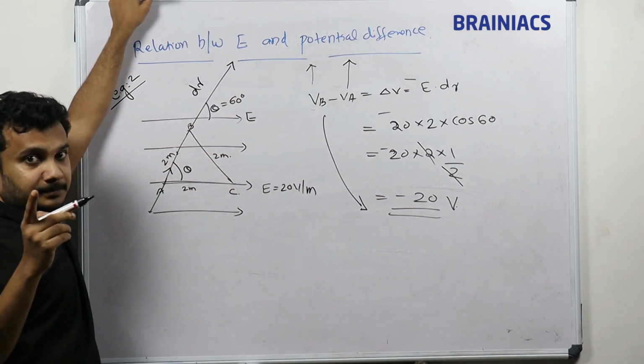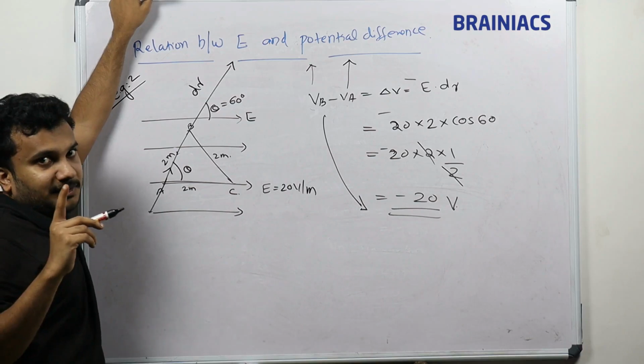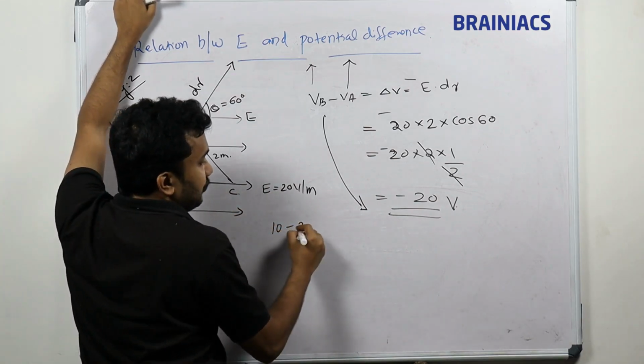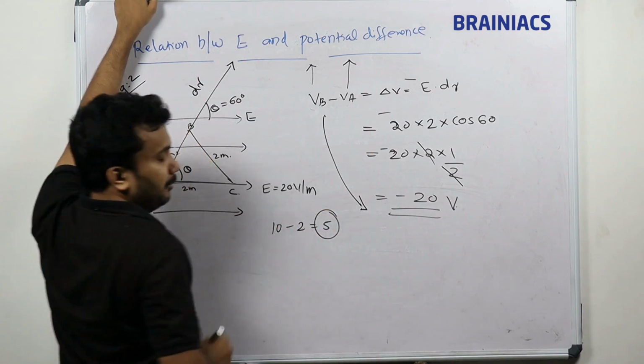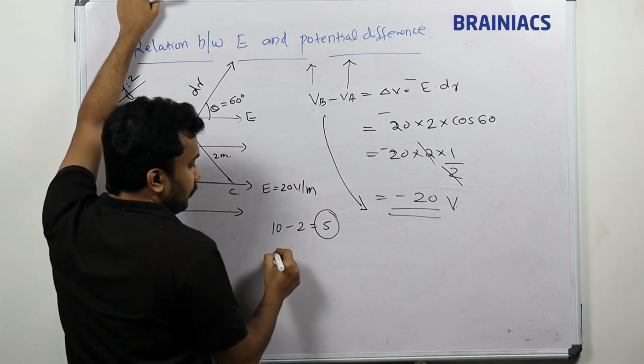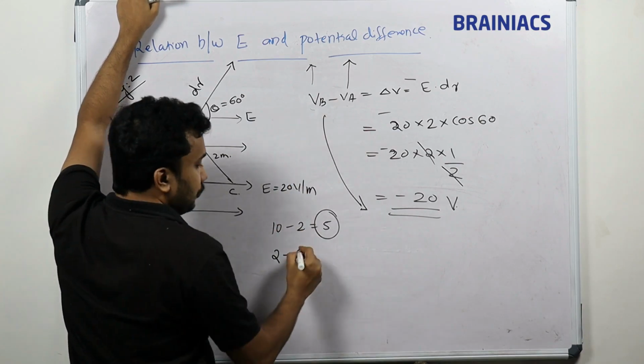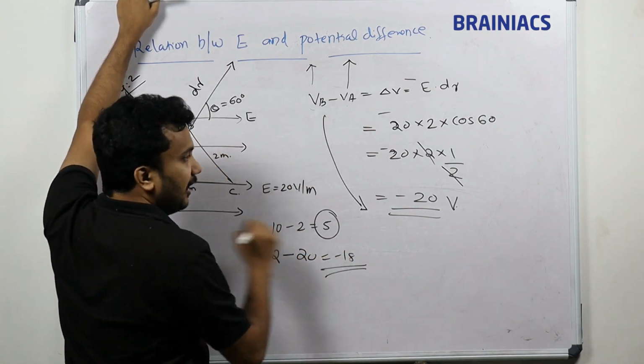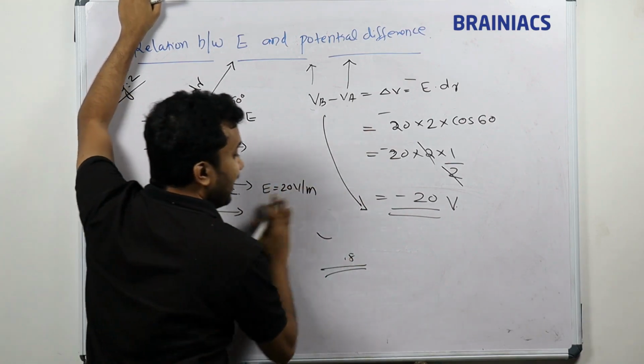VB is higher? No. If VB is higher, suppose VB is equal to 10 and VA is equal to 2, what will you get? 8, a positive number. If VB is equal to 2 and VA is equal to 20, VB minus VA is negative. So if you are getting a negative value, it means your VA is higher.